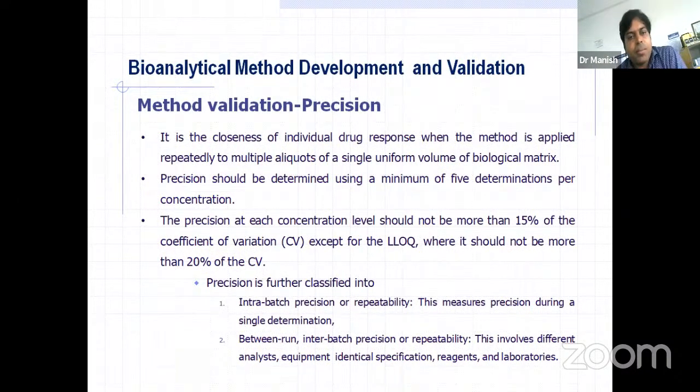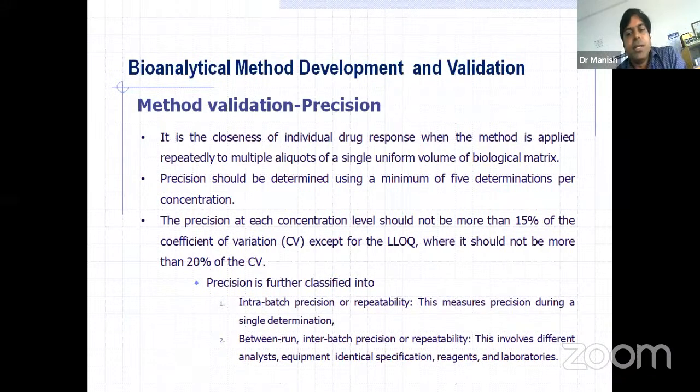Now, precision. It is the closeness of individual drug responses when the method is applied repeatedly to multiple aliquots of a single uniform volume of biological matrix. So precision should be determined using a minimum of 5 determinations per concentration.